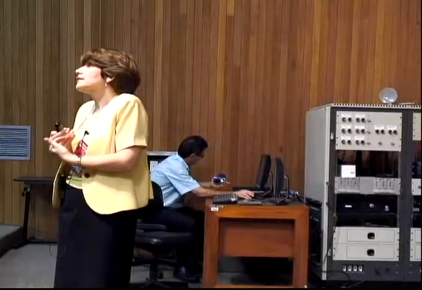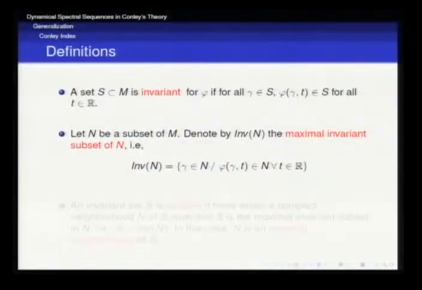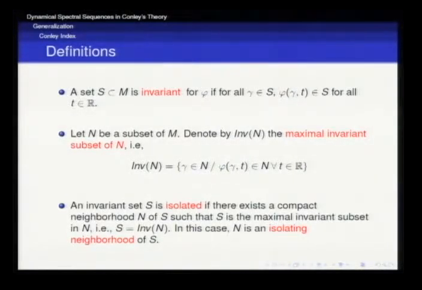The Conley index is, let me just go quickly over this, but if we have an invariant set, we can call the maximal invariant set in N. So we're on a compact neighborhood, and this invariant set S is isolated if there exists a compact neighborhood N of S such that S is the maximal invariant subset. And in this case, N is the isolating neighborhood of S.